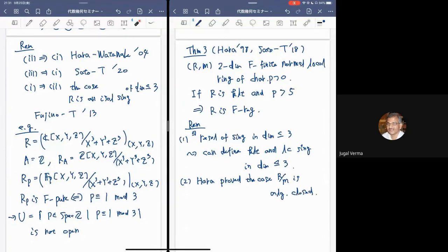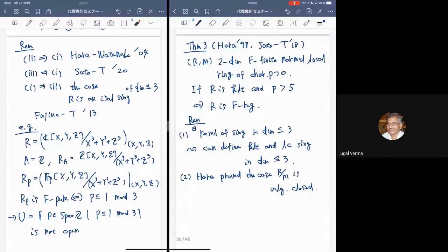But now I will discuss the application of Theorem 3 to a geometric problem, and for that application, we cannot assume the residue field is algebraically closed. I will explain later. Before explaining a geometric application, let me give one more remark about Theorem 3.